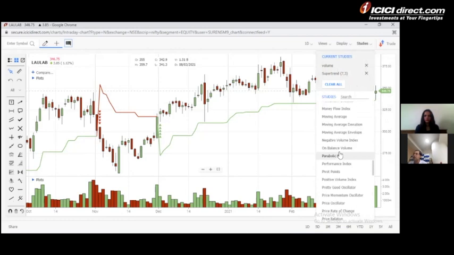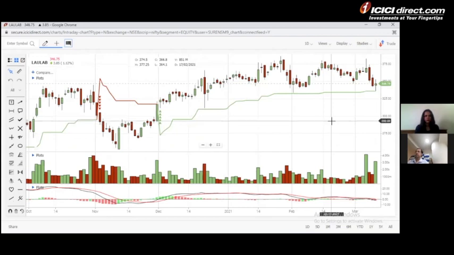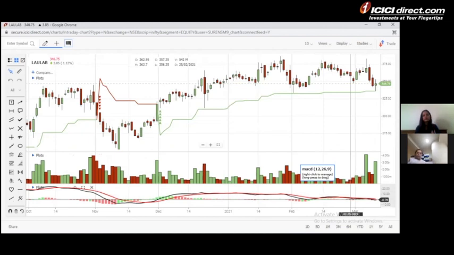Now is the MACD, moving average convergence divergence.